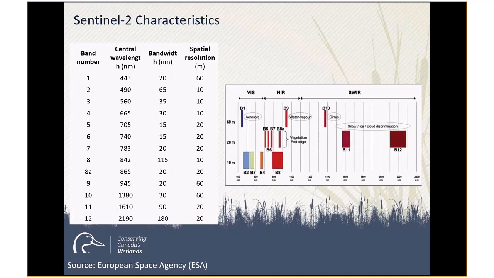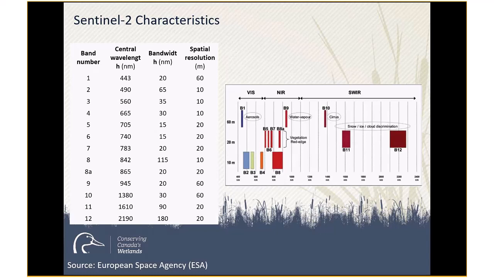I might add too, there is a cost associated with RapidEye. It is a commercial platform owned by Planet, but from an image perspective, it's relatively low cost when you start looking at high resolution platforms.